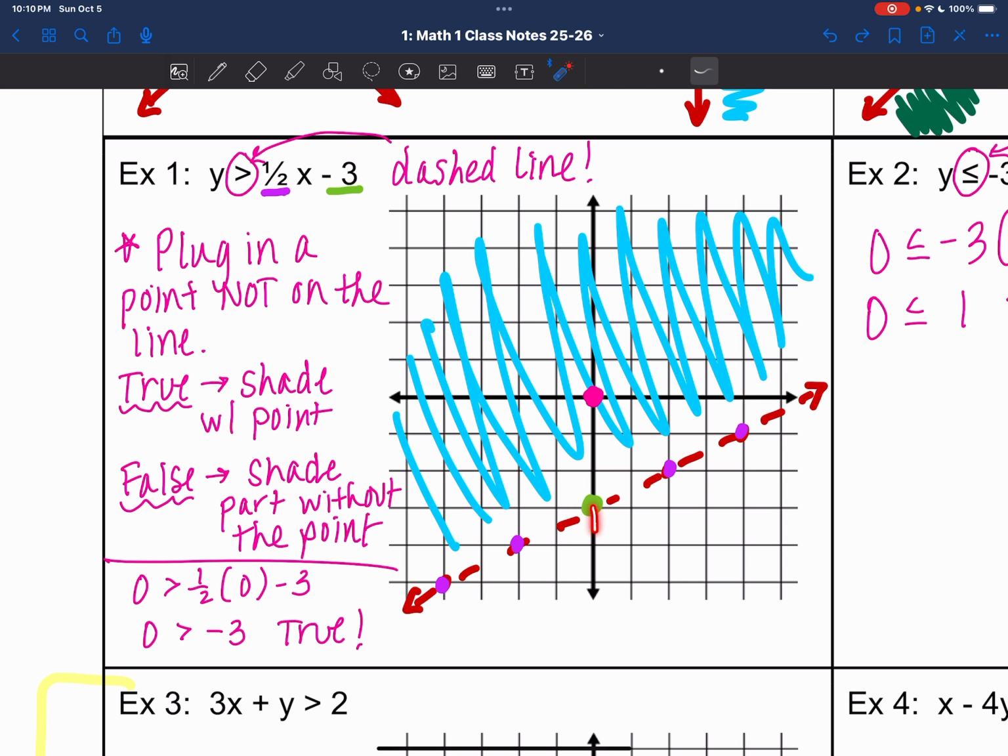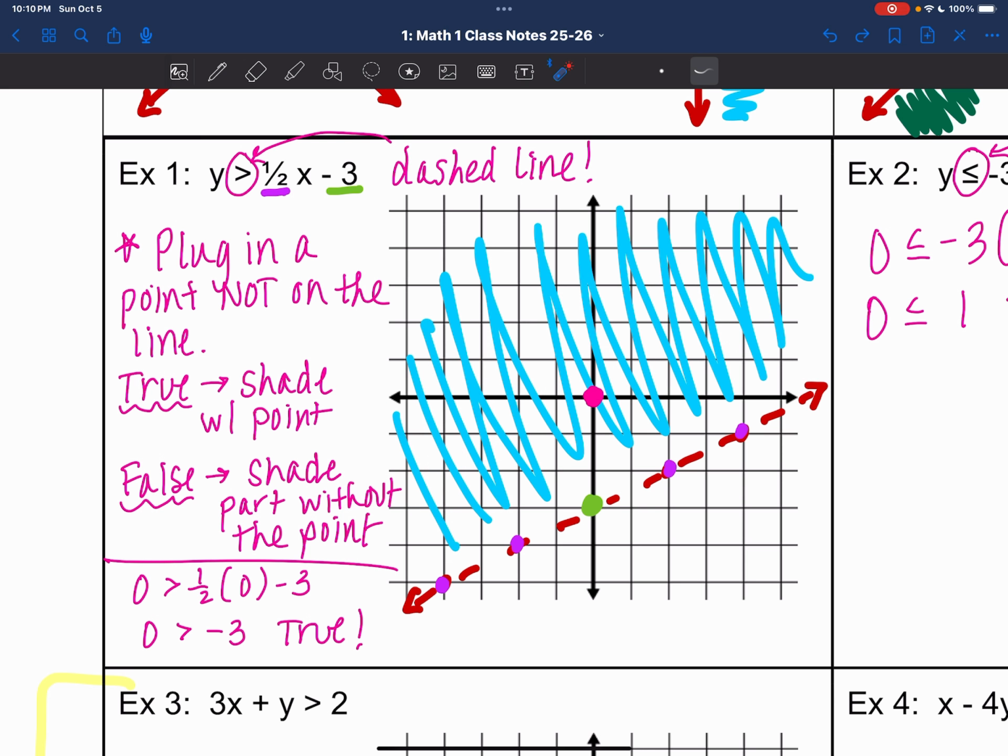I ran out of space. So now let's go down and to the left, down 1, to the left 2. I'm going to make it a dash line because it's not equal to. So I'm just doing a dash line through your points. And since it is greater than, we're supposed to shade above.